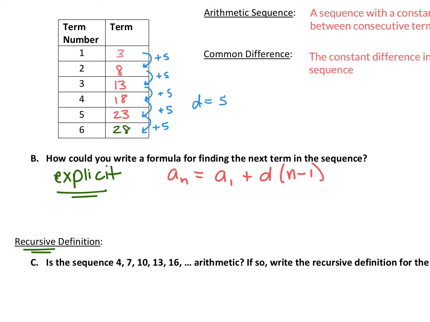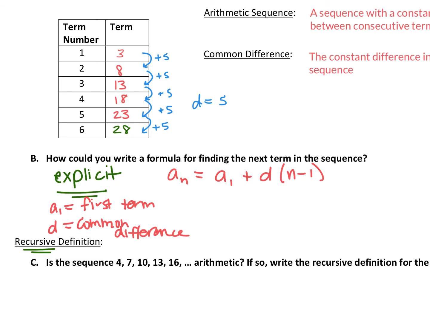So it could be 2, 3, 4, 5, depending on the term you're talking about. So let's define that so we have that in our notes. A1 is the first term. D is our common difference, which we wrote above, but we'll put it here.